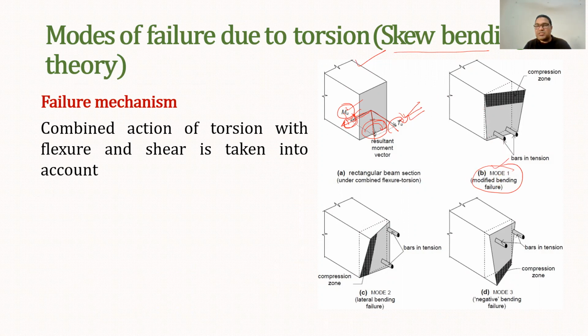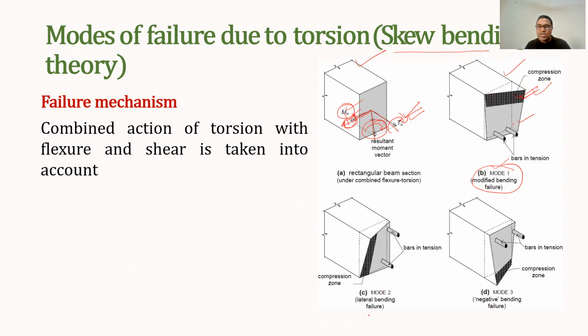It also occurs when the beam has a wider width, when the width of the beam is higher than the depth. In this kind of failure, the compression zone will be on the top, and tension will occur in the lower portion of the beam.